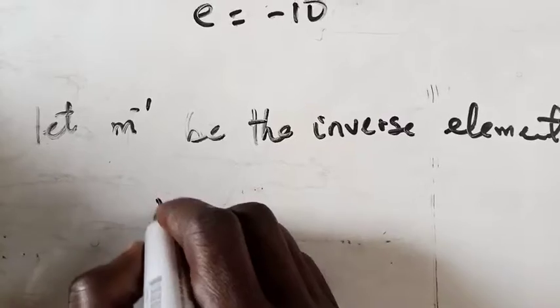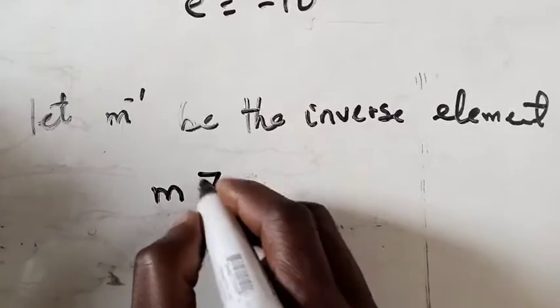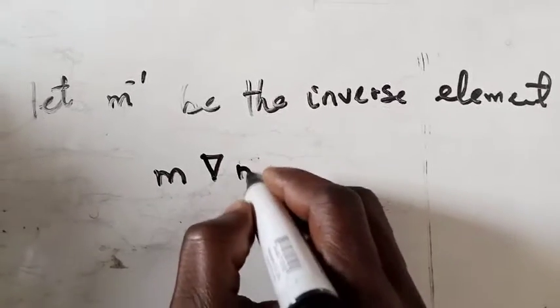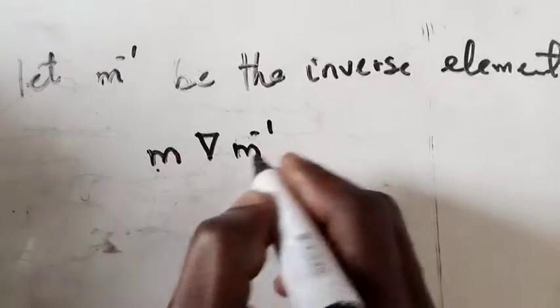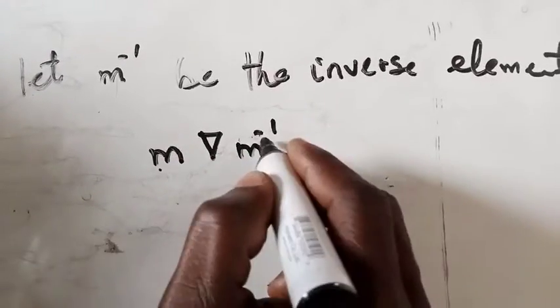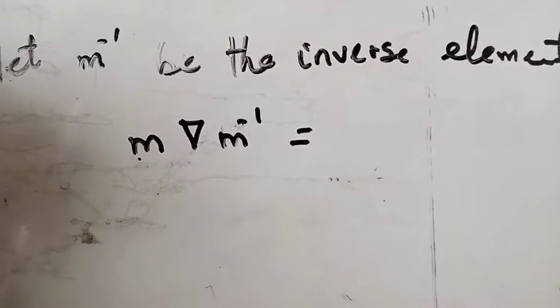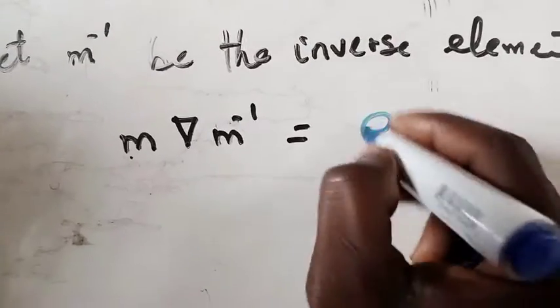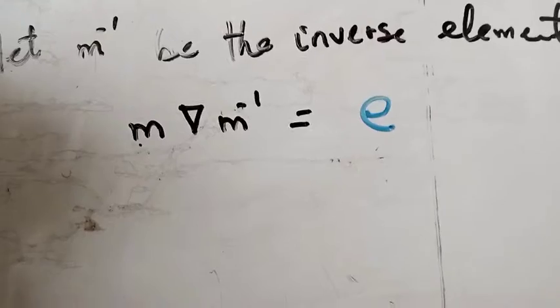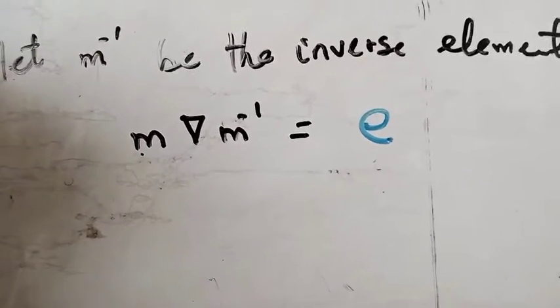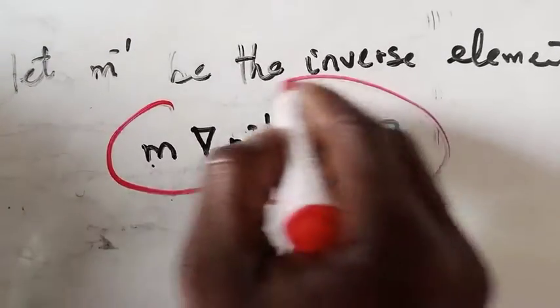Now, this is the key that you have to pay close attention to. If you combine M and its inverse with the operation, you and your shadow, that should give me the identity element. This is the laid down procedure.